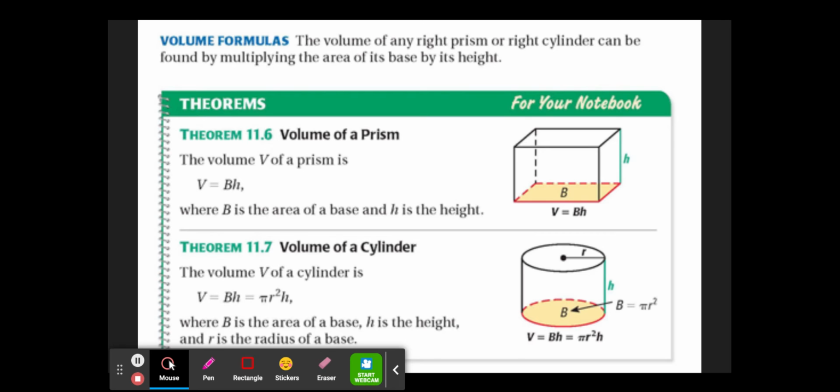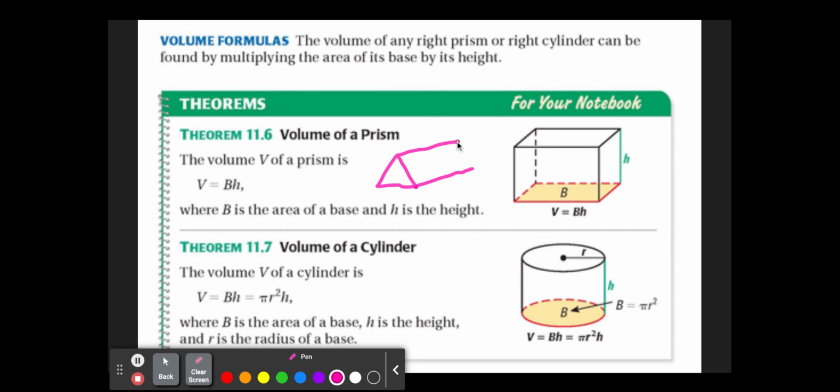So here we go. Prism, like I said, they have it as figuring out the area of the base times the height. I just think that's a little unfair just because the word base, you do kind of assume, doesn't that inherently mean that it's on the bottom? No, not really, because if I draw a triangular prism like this, which is the one thing that I'm good at, is the triangular prism, right?